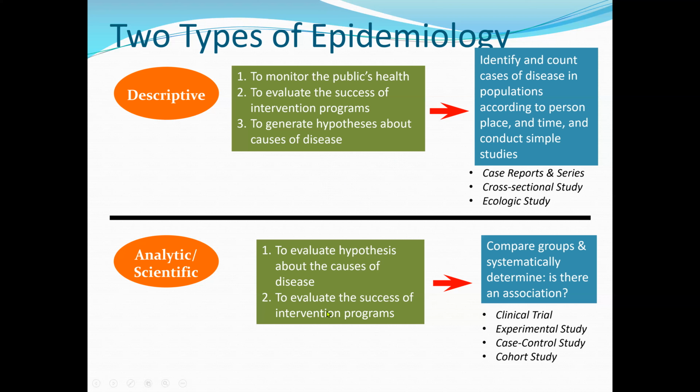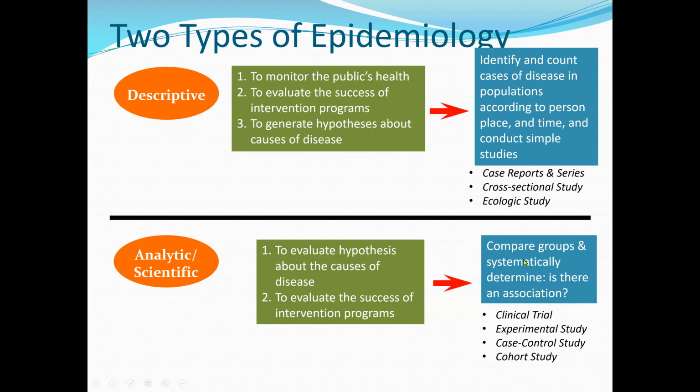So here also we can evaluate the success of intervention programs. As we said, the main goal is to compare groups and systematically determine if there's any relationship or association between the exposures and the outcome. In analytic epidemiology, a couple of study designs can be the clinical trial, experimental study, case control studies, and also cohort study.